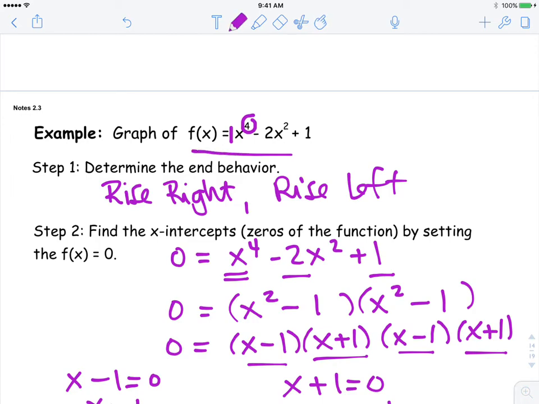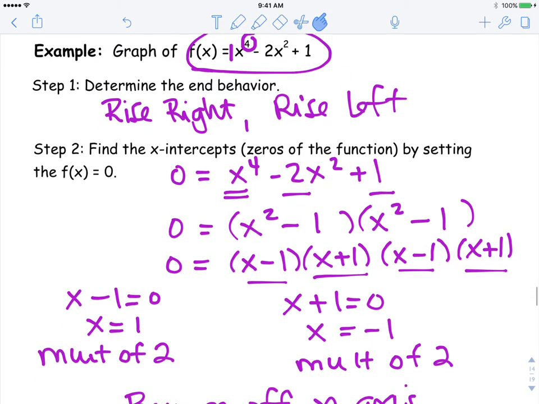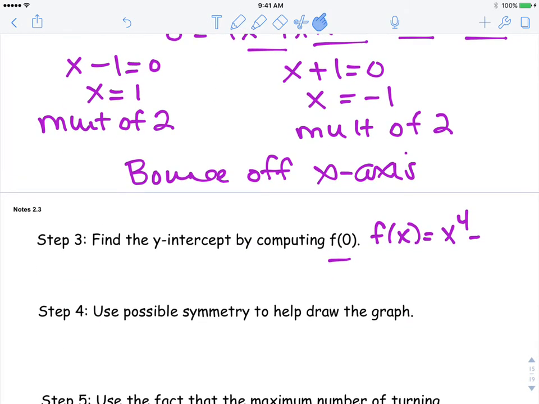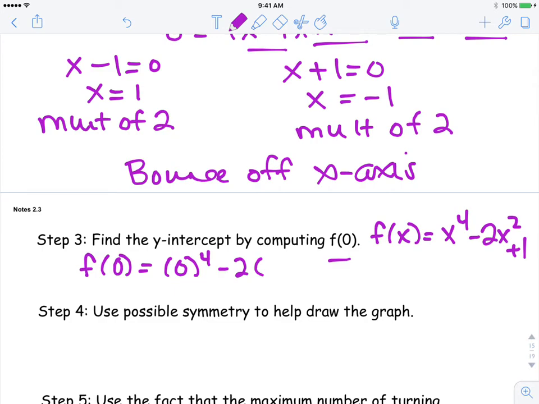So I'm just going to go ahead and use this original function, and evaluate it for 0. And we get 1. So the y-intercept is going to be over 0, up 1.